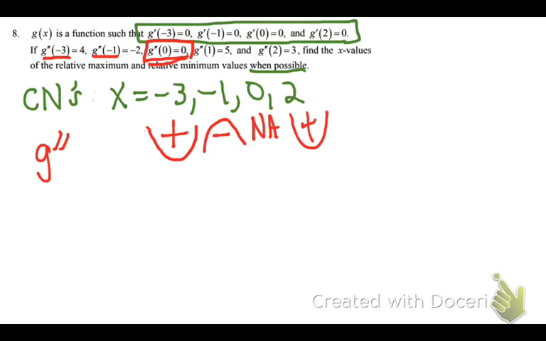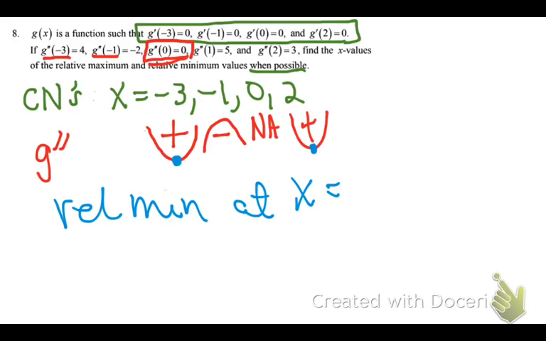So what that means is we have a relative min at x equals -3 and 2.